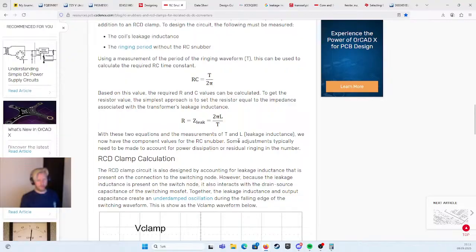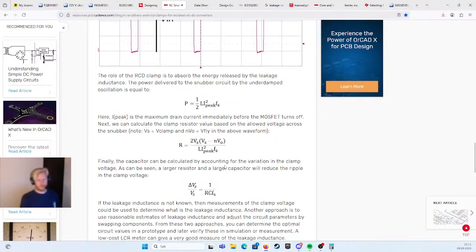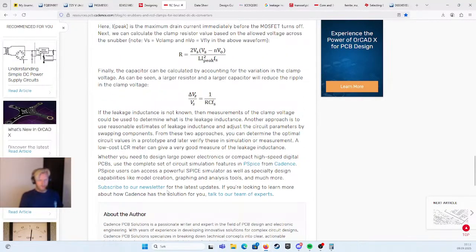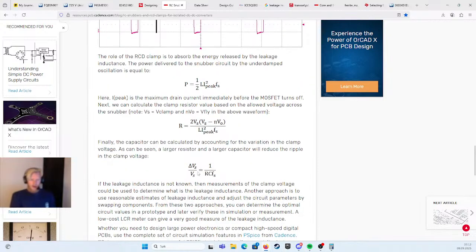And I'm not sure exactly what that is. But yeah, the resistor is determined based on this.